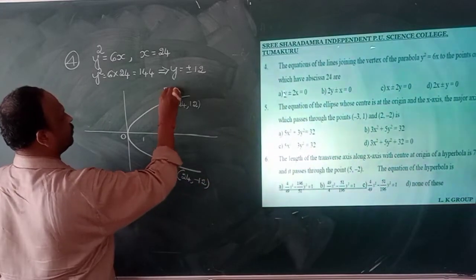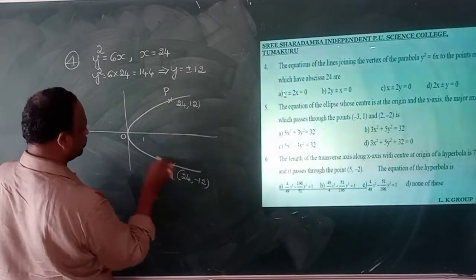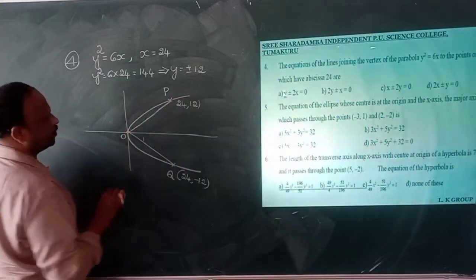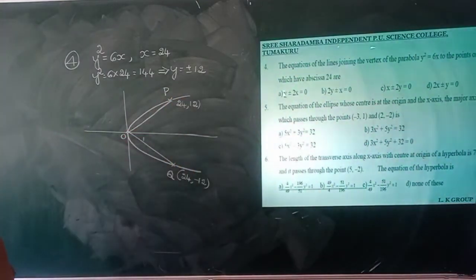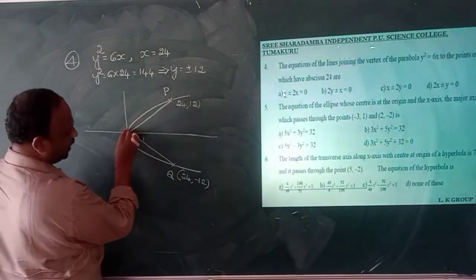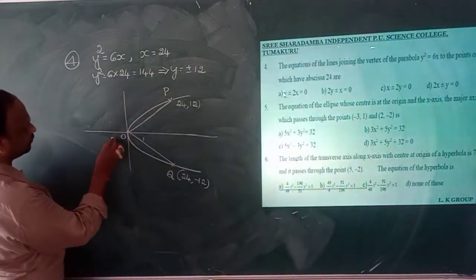Let us take them as P and Q. So what are they asking? Equations of the lines joining the vertex to the abscissa points. Equation of OP and equation of OQ they are asking.